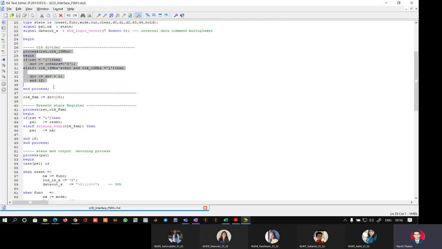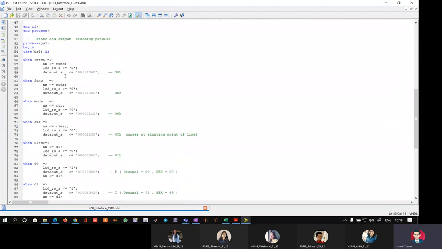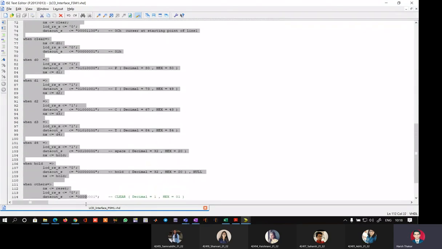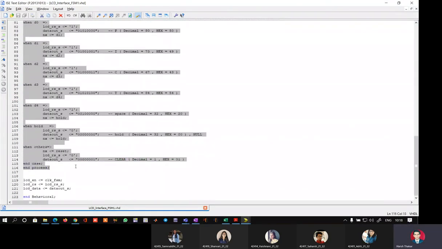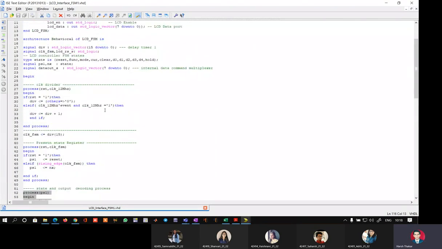So the first process is from line number 27 to line number 36. The second process starts at line number 41 and ends at line number 49. Similarly, the third process starts at line number 52 and goes all the way to line number 116. Got the point? So these are the three processes which we have.